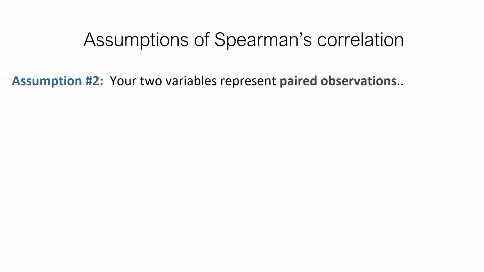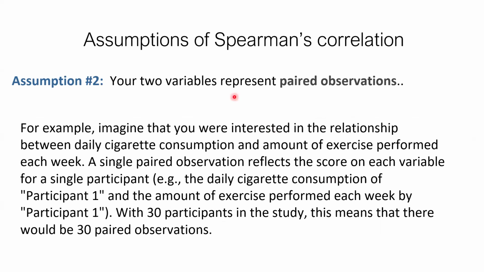For the second assumption, your two variables would represent what we refer to as paired observations. So meaning to say, for example, imagine that you are interested in the relationship between daily cigarette consumption and amount of exercise performed each week.